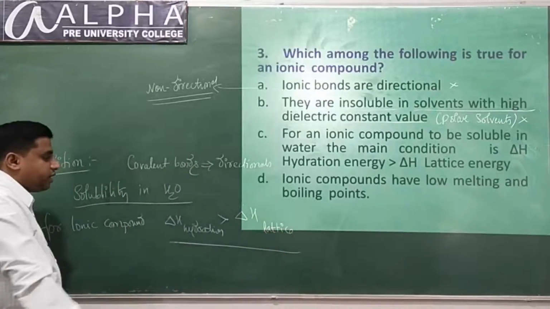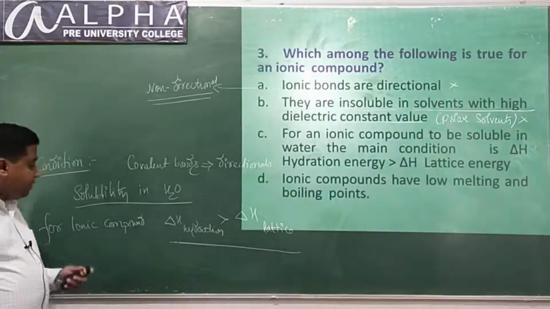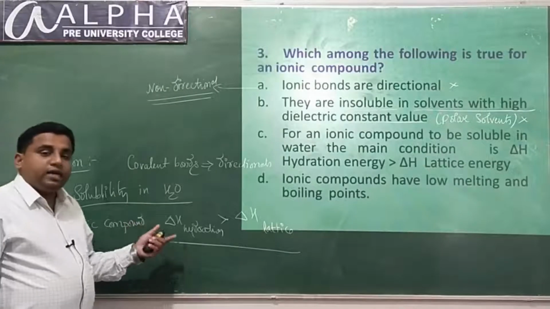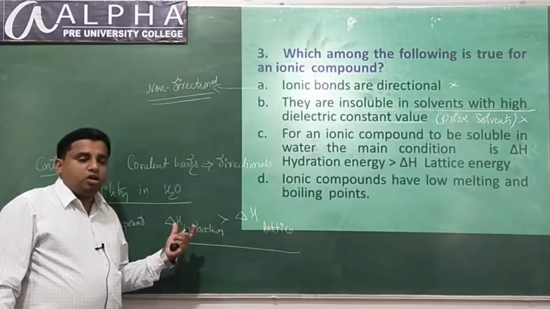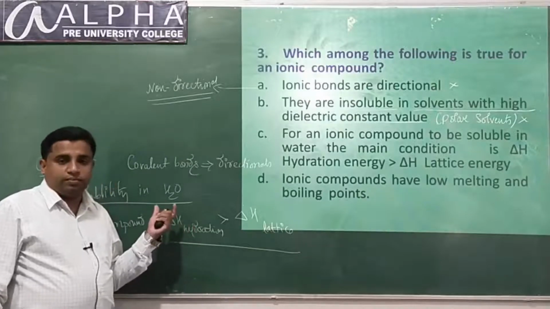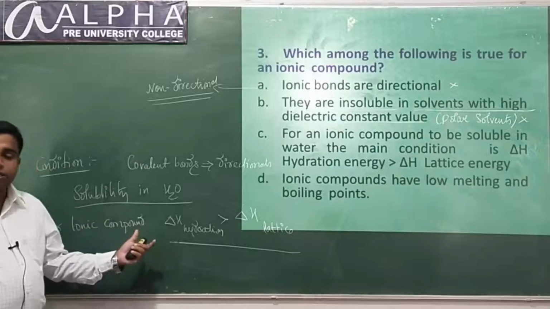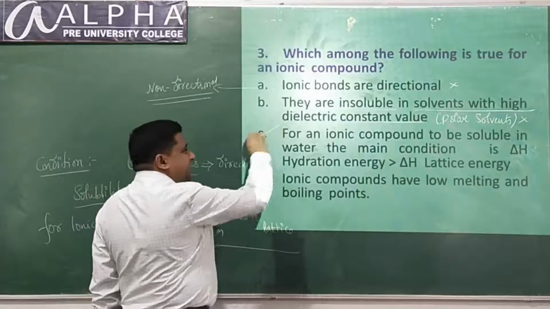Only when hydration enthalpy is more than lattice enthalpy will the ionic compound be soluble in water. If it is reverse, that means if lattice enthalpy is more than the hydration enthalpy, then the ionic compound will not be soluble in water. Then option C is correct.